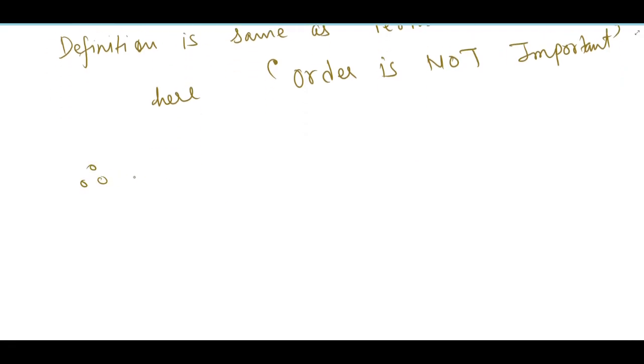Therefore, mathematically, nCr is equal to nPr divided by r factorial.